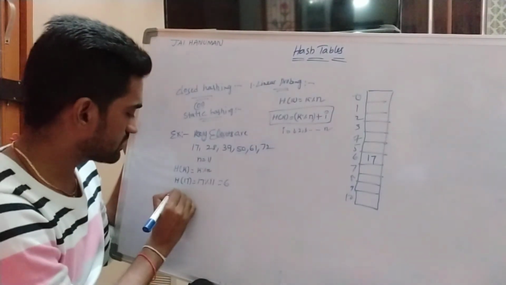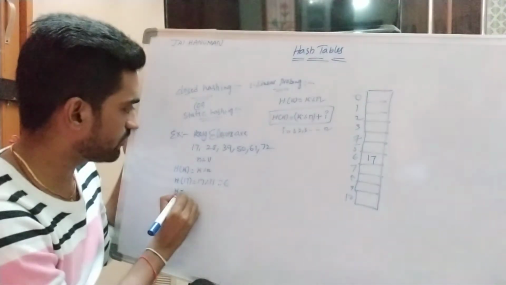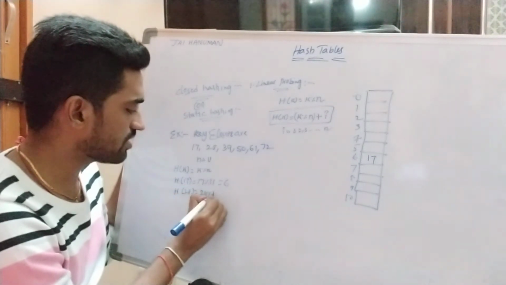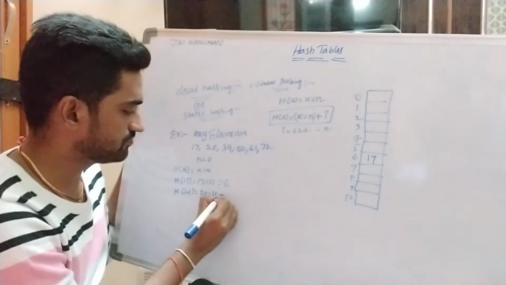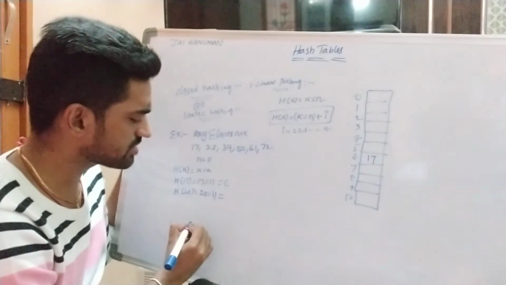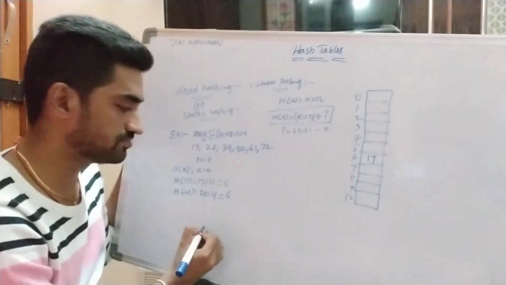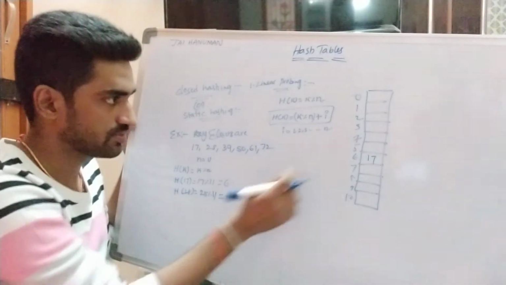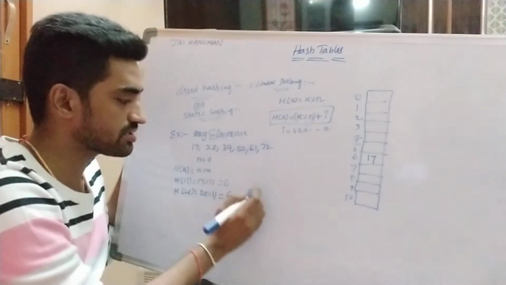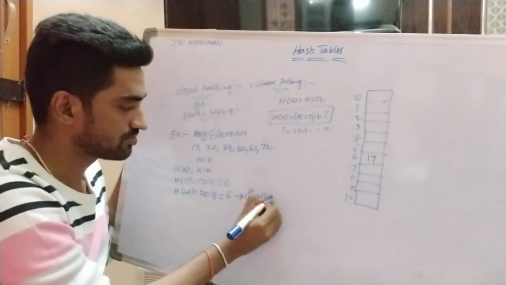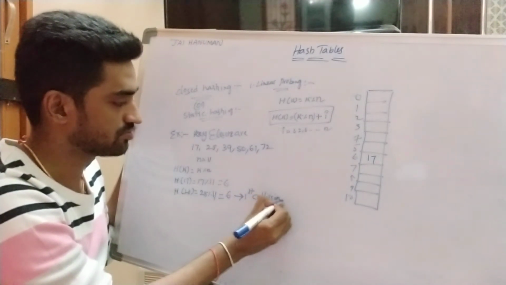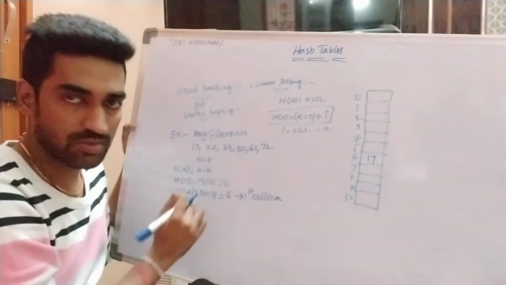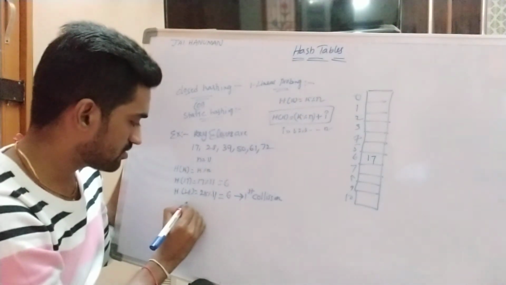Right? So what is the next inserted key element? H of 28 modulo division of 11. Now 28 modulo division of 11 means 6. First collision is occurred at 6th position. Then we apply the linear probing formula. What is the linear probing formula?